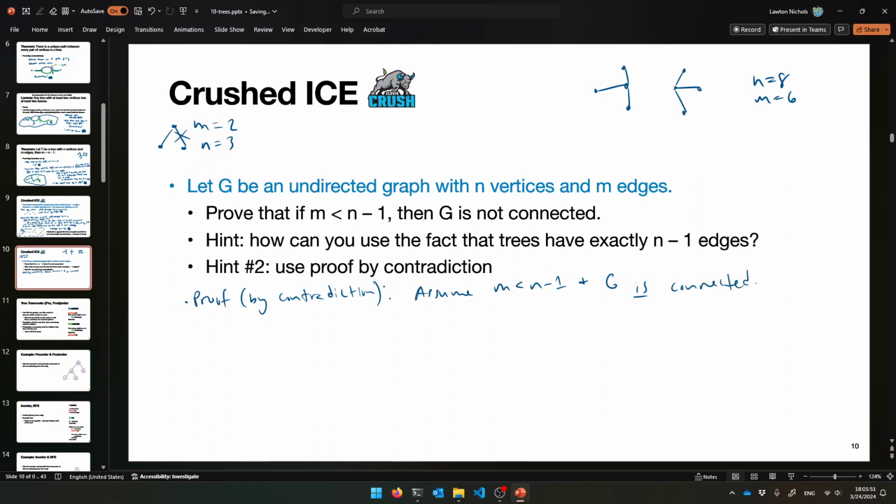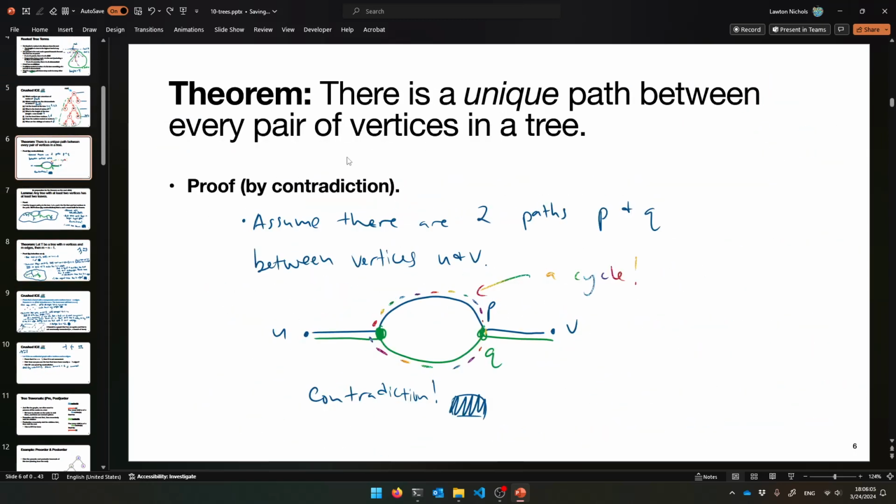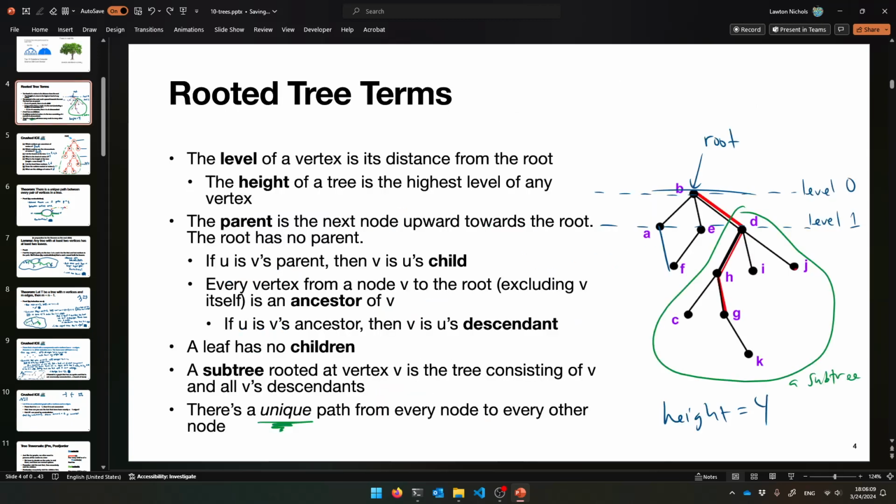All right, the secret has to do with the little triangle I drew before. If you have more edges than a tree, you must have a cycle. You'd have more ways to move around in your graph, and it wouldn't be a tree, and there would be cycles.